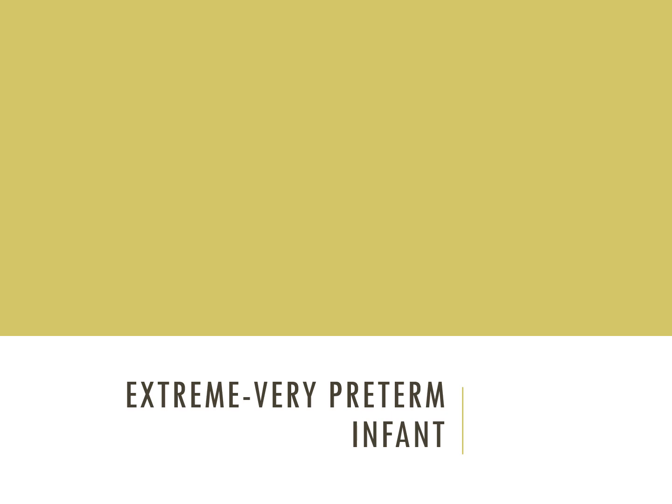The extreme premature baby is going to be that baby that's born less than 28 weeks in gestation. The very premature baby is going to be a baby that's born between 28 and 32 weeks gestation. And the moderate to late preterm baby is going to be a baby born between 32 and 37 weeks gestation.